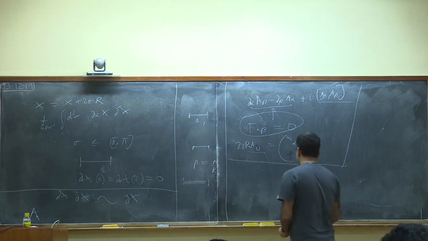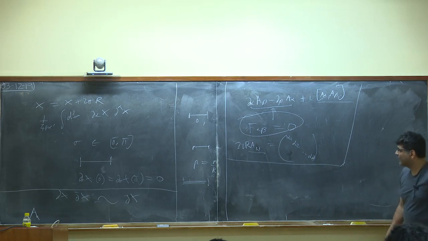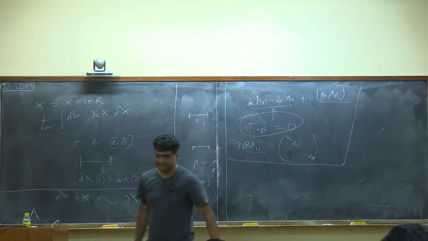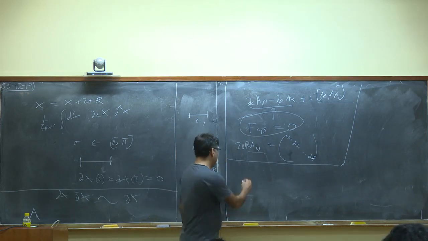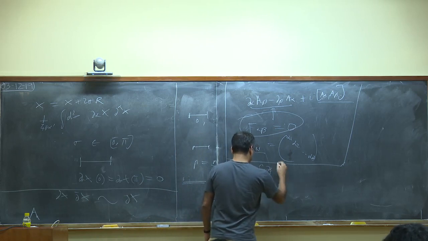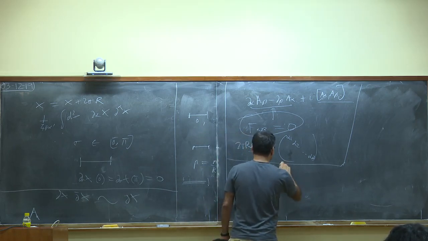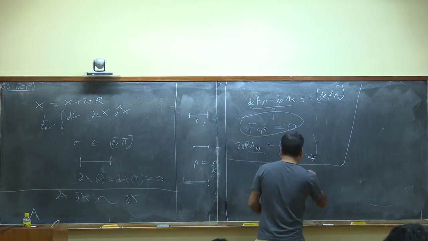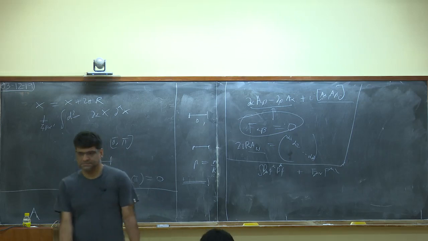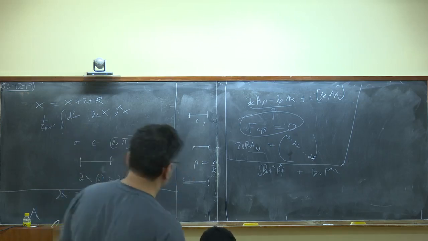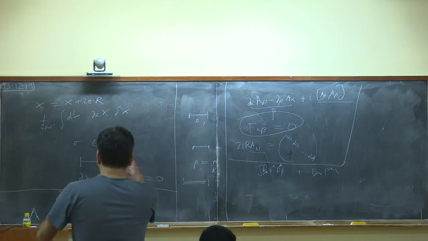Okay. Now, how is it affected? Well, in order to look at that, let's look at a little toy model first. Suppose we just have a U(1) gauge theory on a circle, and I've got a charged scalar field with charge 1, plus F mu nu squared. And this field theory lives on a circle.